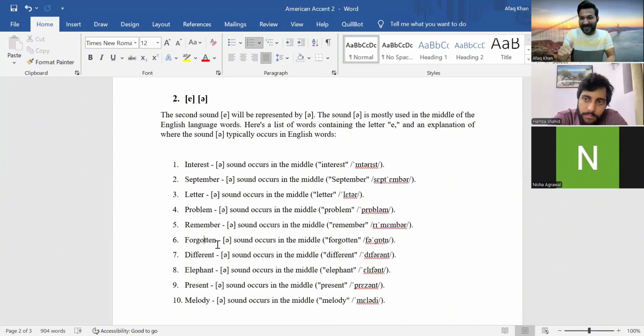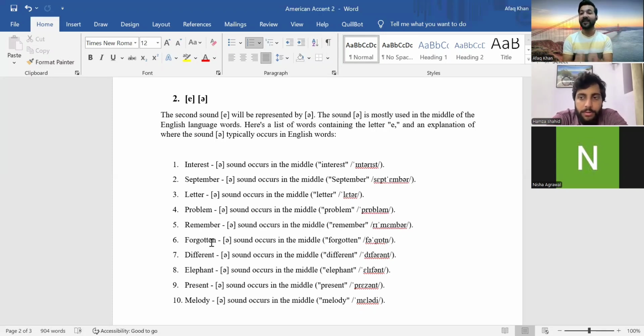If we apply the other two sounds that are associated with the letter E, they don't apply there. We can't apply them here. So we have to use the schwa sound, and that is actually the correct sound for this. That is forgotten.